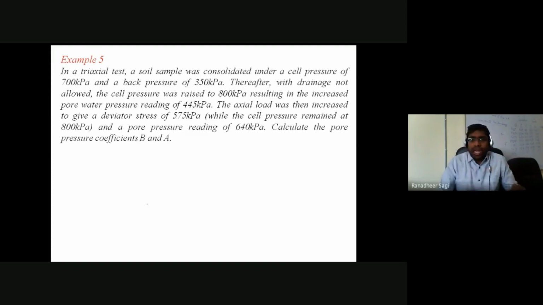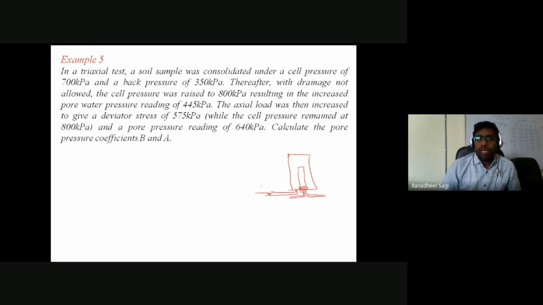When you look at a triaxial cell, let's say this is my triaxial cell, and inside this triaxial cell we place the soil sample on a pedestal. To the bottom of this pedestal, you have got some valves connected, one valve and another valve, and to this triaxial cell there is another valve connected. This valve will be used for supplying the cell pressure.